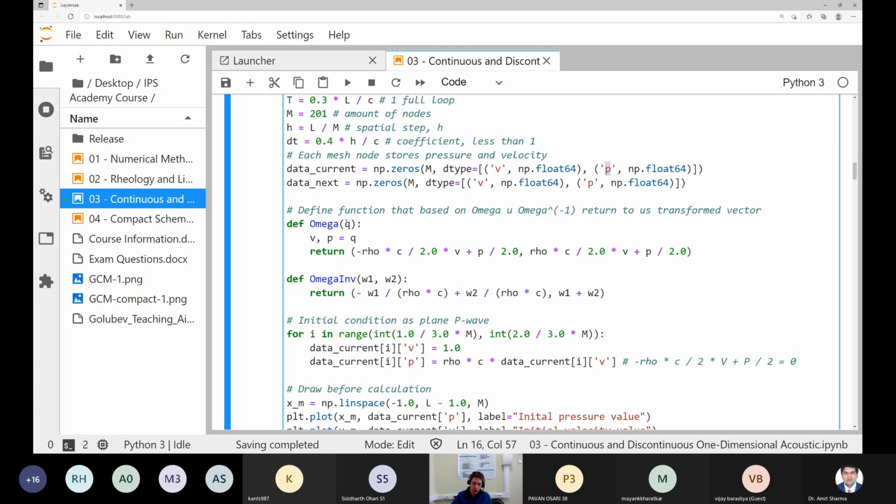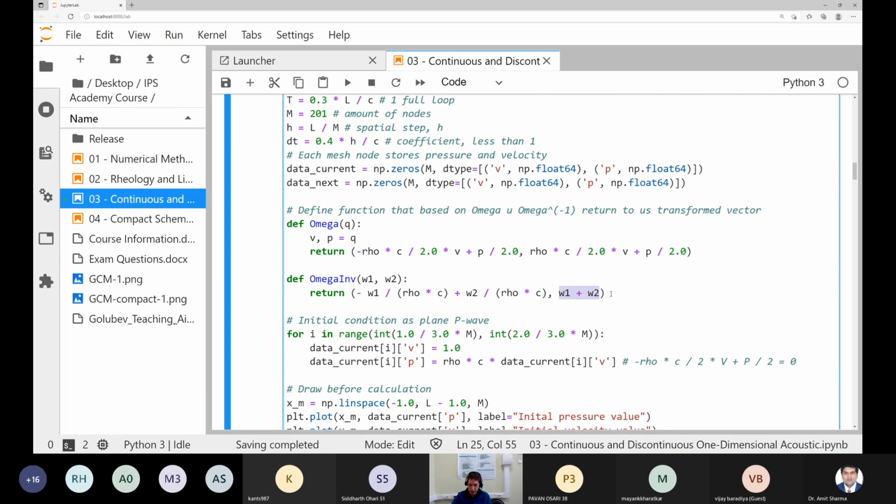If you call omega inf and put here the values of W1 and W2, you will obtain the value of V, velocity, and the value of P as a result of the multiplication of the matrix omega, analytically known, on the vector of invariants W.